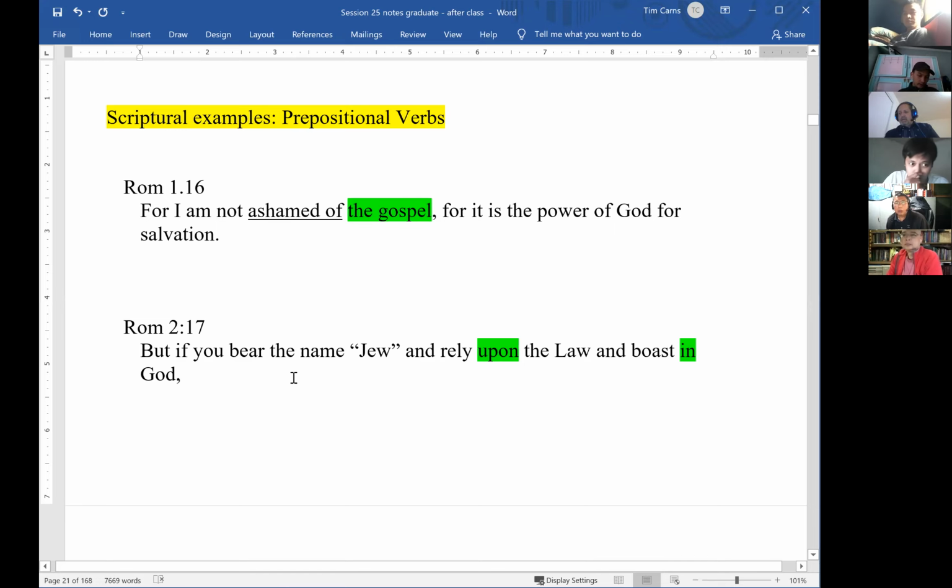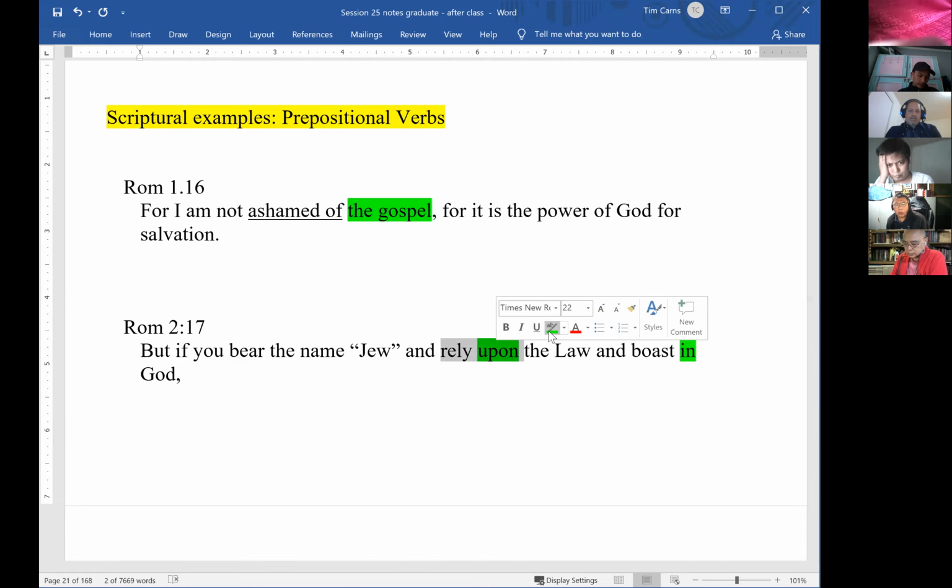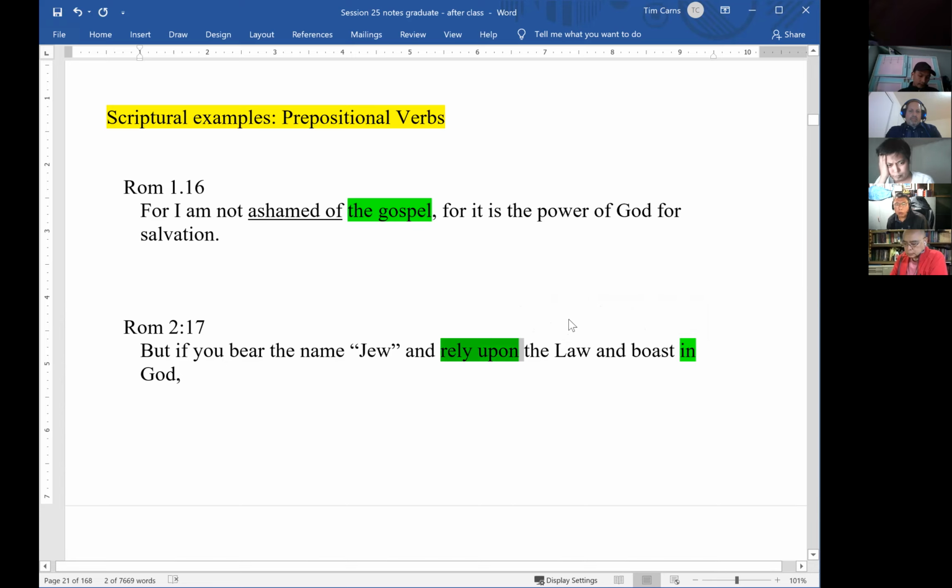So we have a couple candidates here, right? Yes, Master. I think the prepositional verb is rely upon. Okay, we have this as one possibility. We have rely upon, and then we have boast in as another potential.